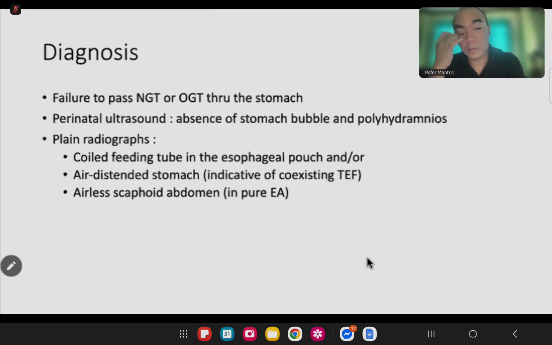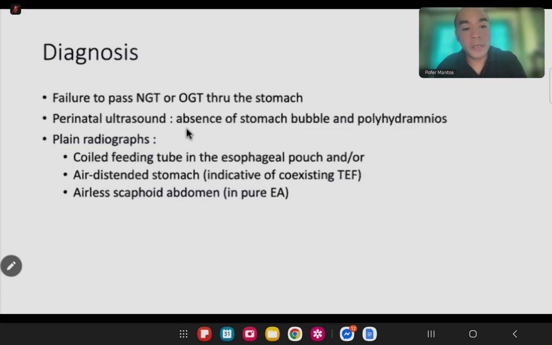You can actually diagnose it clinically with the frothing and bubbling of the mouth. If you are really suspicious of esophageal atresia, you can try to insert an NGT or OGT into the stomach, and failure to pass it towards the stomach may indicate the presence of esophageal atresia.